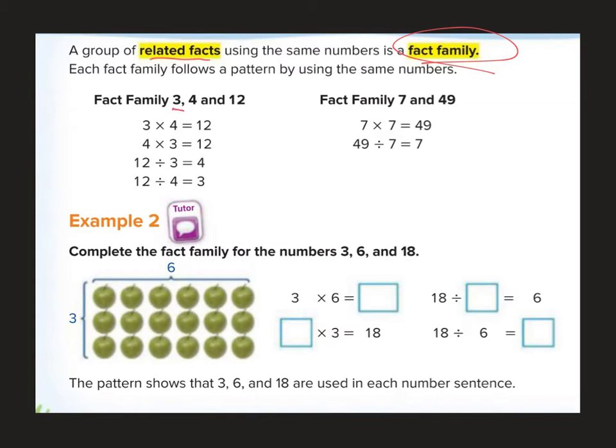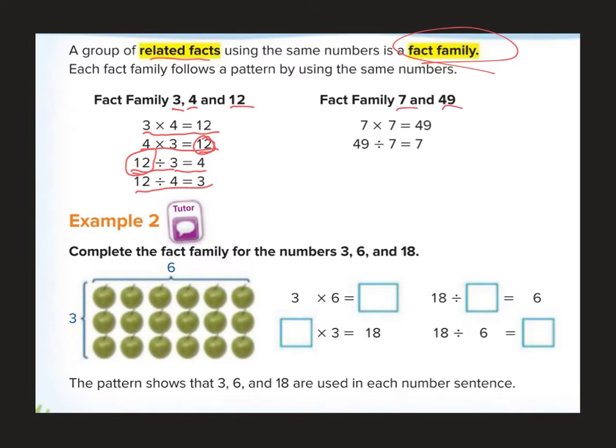So for the fact family with 3, 4, and 12, I can say 3 times 4 is 12. Using the commutative property, I can flip-flop my factors and say 4 times 3 is 12. Then if I make my product into my dividend, I can say 12 divided by 3 is 4, and 12 divided by 4 is 3.